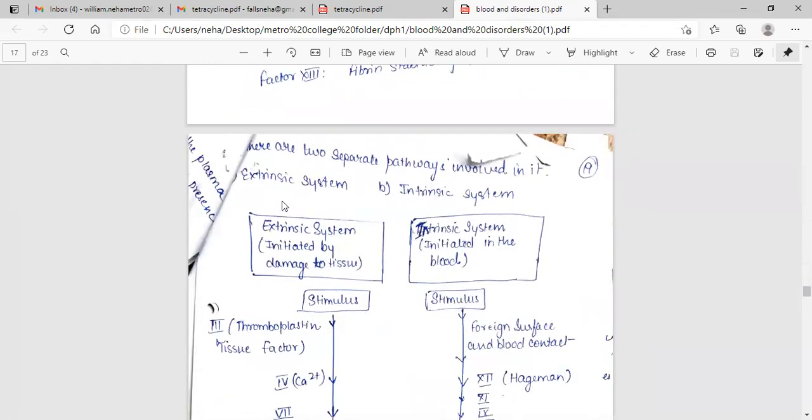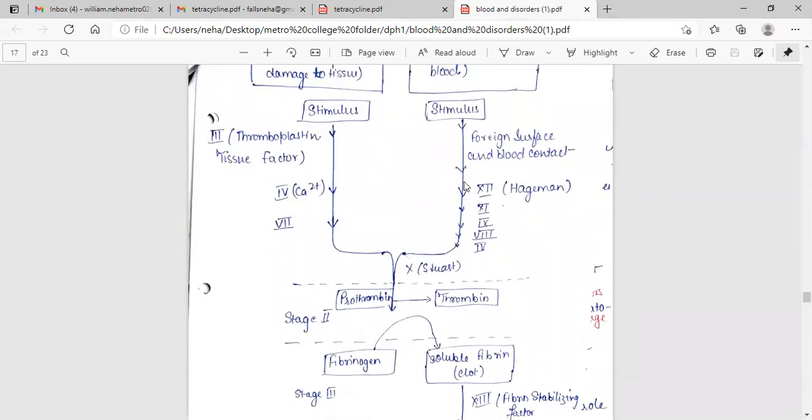Now there are two separate pathways involved in it: extrinsic system and intrinsic system. The extrinsic system is initiated by damaged tissue, and the intrinsic system is initiated in the blood. The extrinsic system stimulates thrombin, tissue factor, fourth factor, and seventh factor.